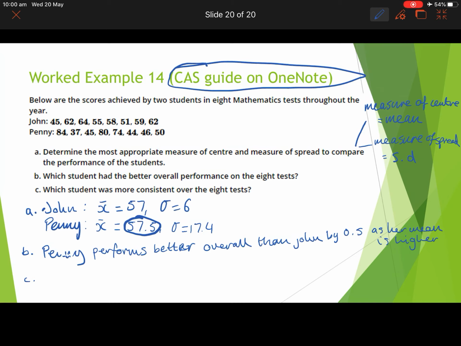So looking up here between John and Penny, John has the smaller standard deviation. That means on average his test results differed by about 6, whereas Penny had a really large one, so the average difference between her scores was 17.4, which is actually really large. So John was more consistent.